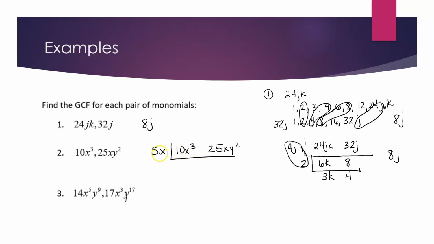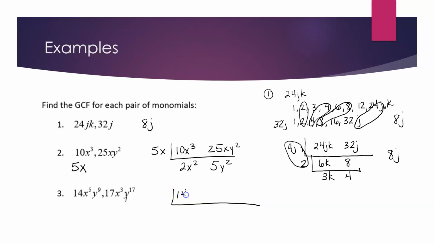So 10x cubed divided by 5x is 2x squared. 25xy squared divided by 5x is 5y squared. There's nothing more in common. So my greatest common factor is 5x. All right, let's look at number 3.